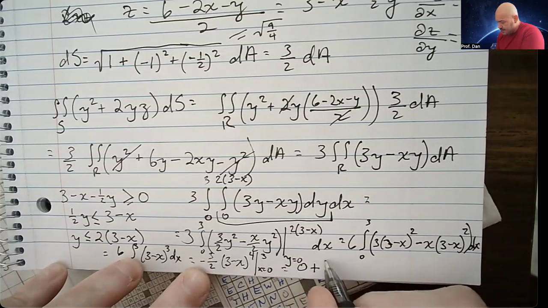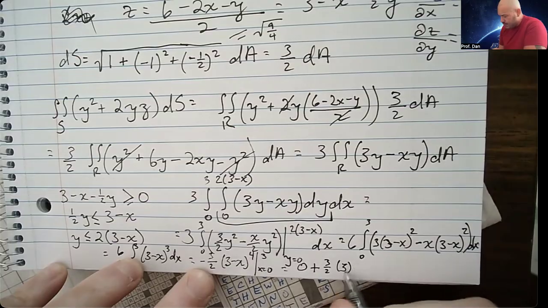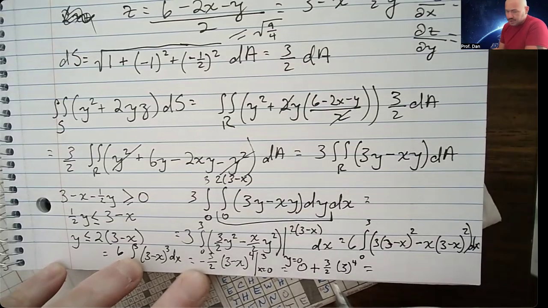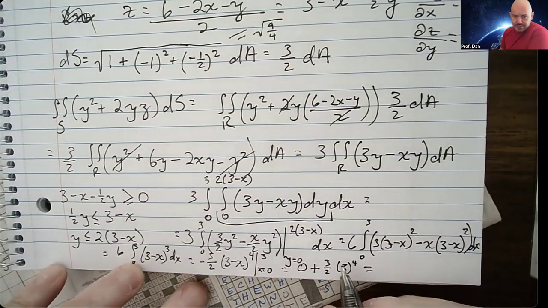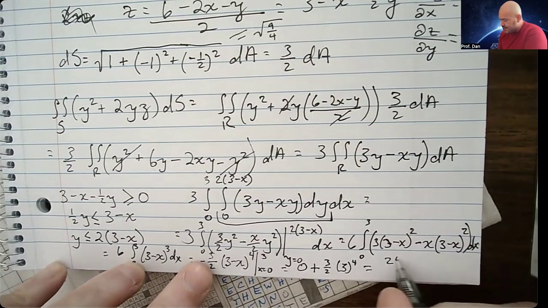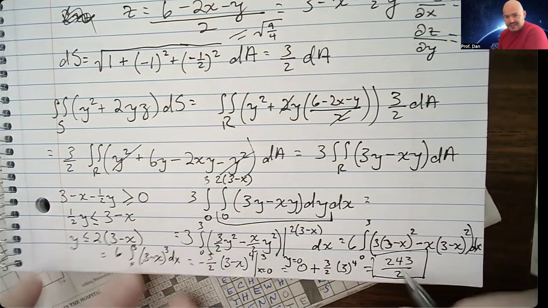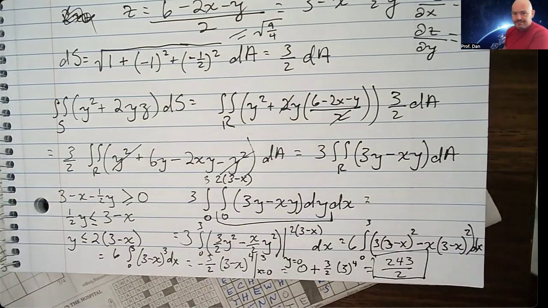Minus a negative, so plus 3 halves times 3 to the 4. And if I evaluate that, I know 3 to the 4 is 81. Multiplied by 3, I get 243 over 2. And that is my answer. Lots of algebra in that one.